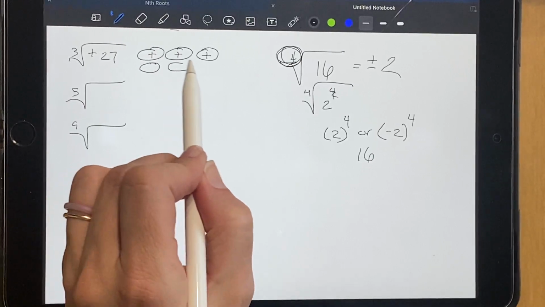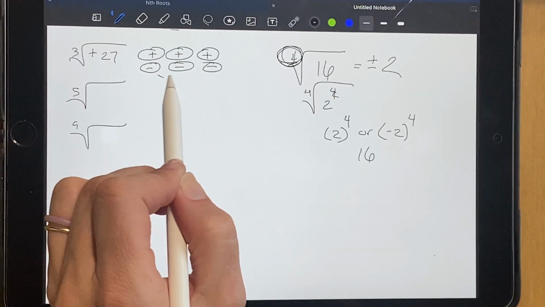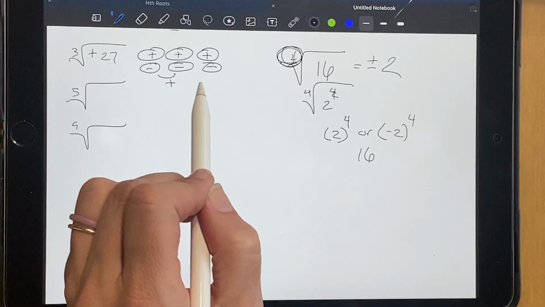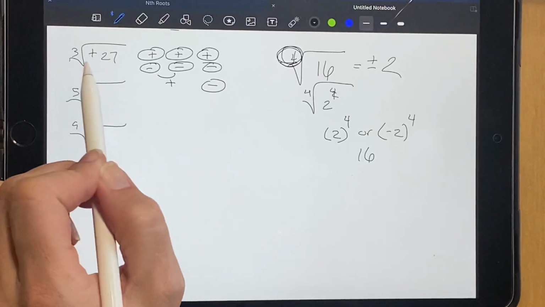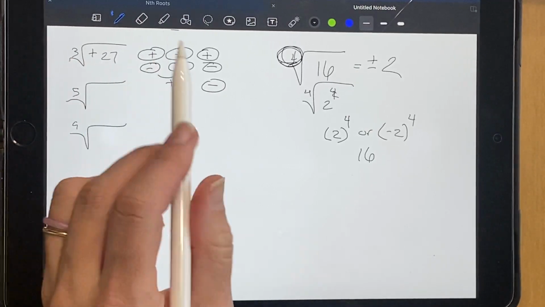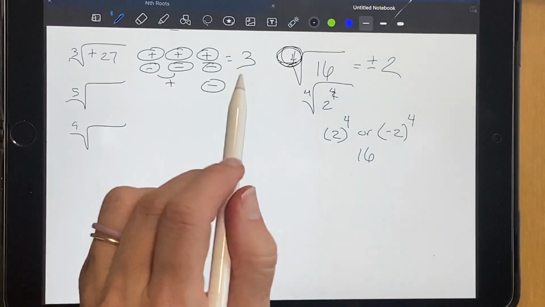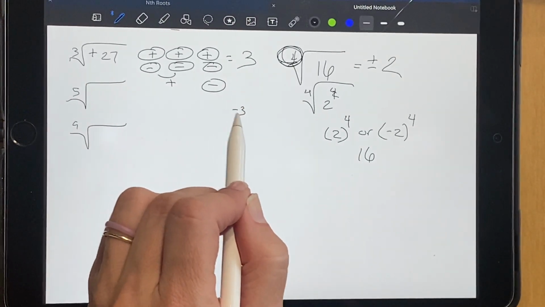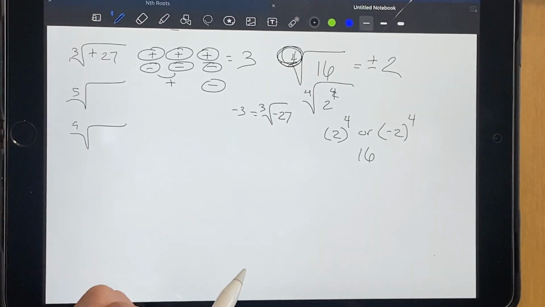Because if I had 3 negative numbers, these 2 would be positive, and then positive times negative is negative. My answer would be negative. So for the cube root of 27, my only option is for it to be 3. If my answer was negative 3, then I would have the cube root of negative 27.